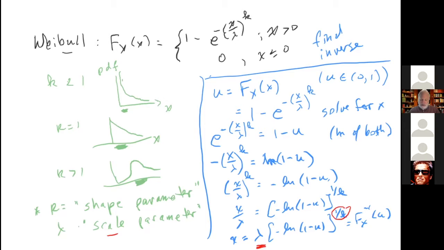Okay, so our method now is generate U, uniform 0, 1. And then we return, it's not letting me do it. I'll do it on a new page. So this is the method.